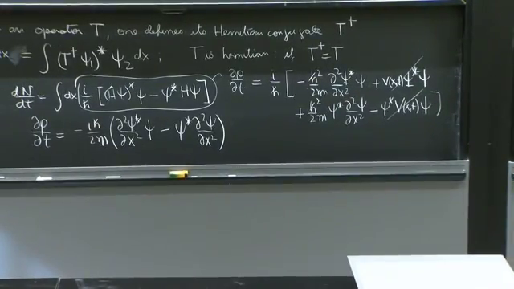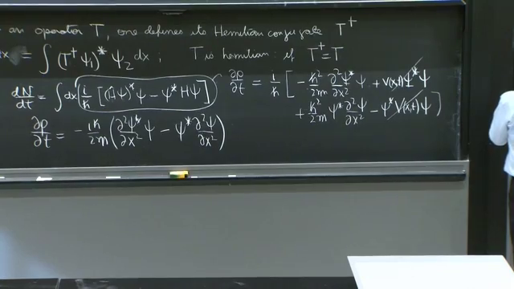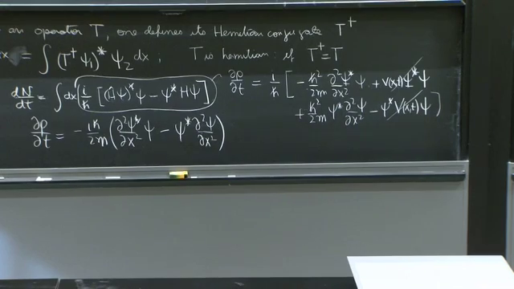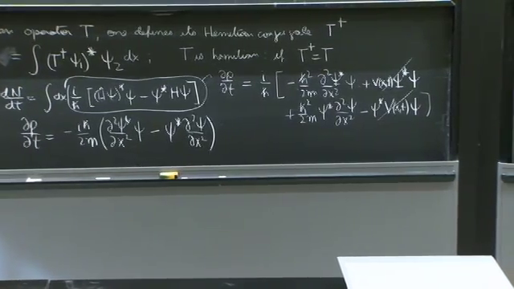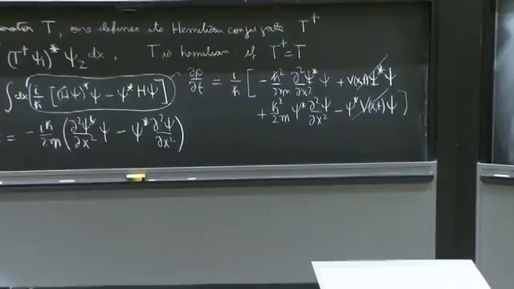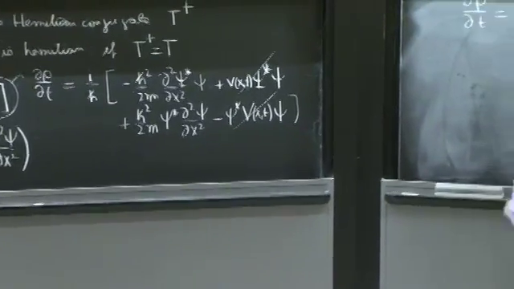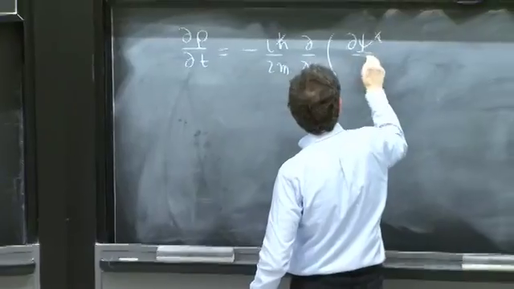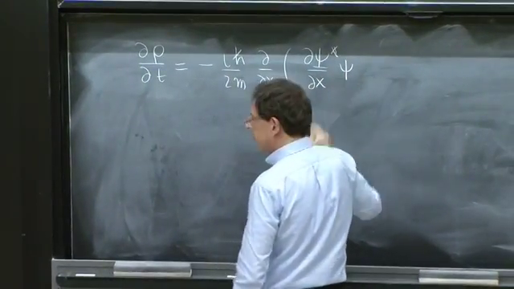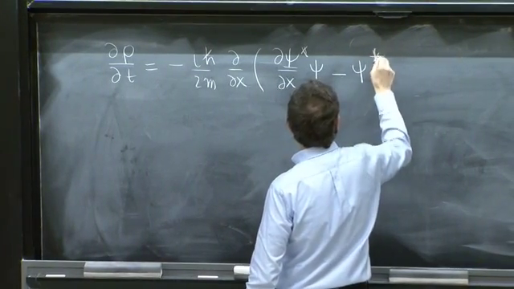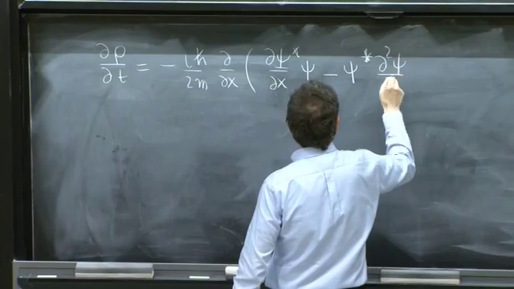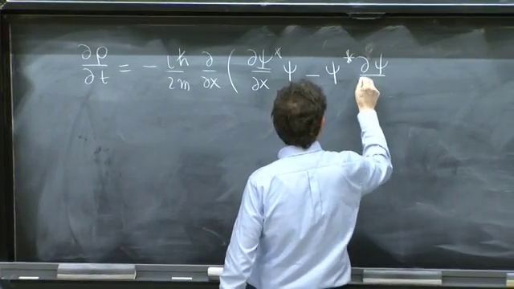So what do we have? That derivative is indeed a boundary term, so d rho dt is equal to minus i h bar over 2m. And look, this can be written as d dx of something, and what is that something? It is d psi star dx times psi, minus psi star, not the second, the first derivative of psi with respect to x.